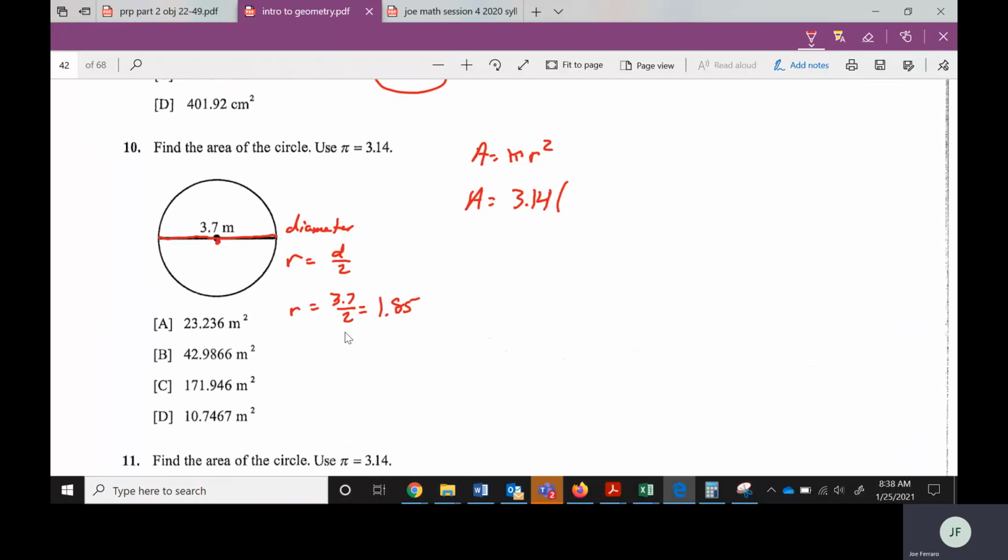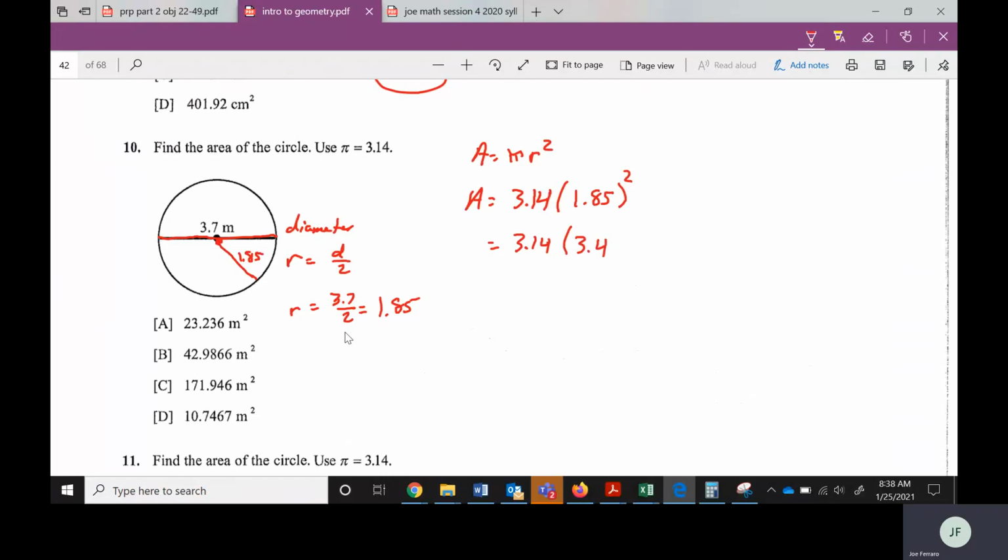So from here to any spot on the outside, it's half that, it's 1.85. Okay, so that's what goes in here. So again, you would take your calculator, either hit 1.85 times 1.85 or 1.85 and hit the square button.